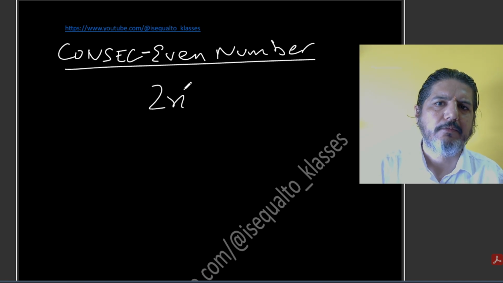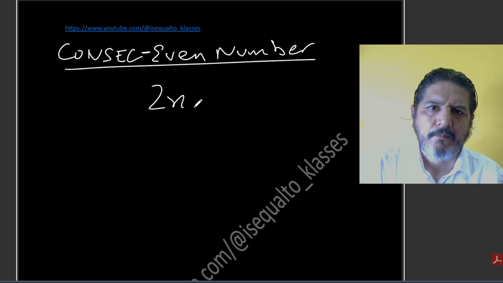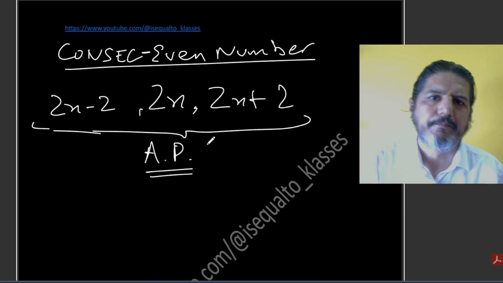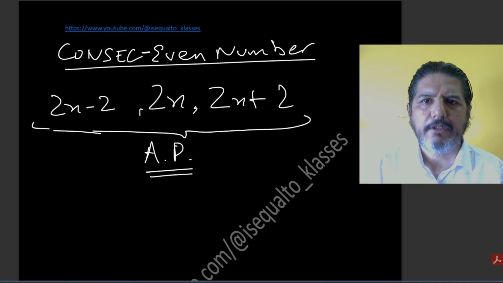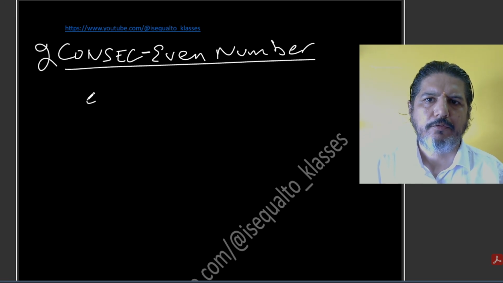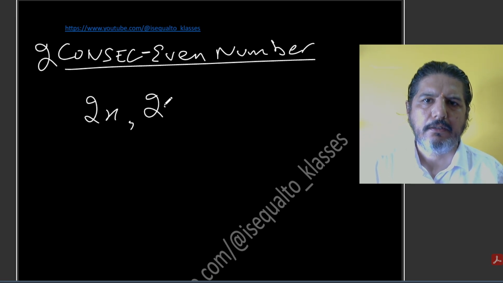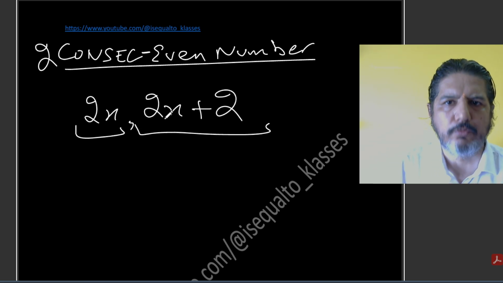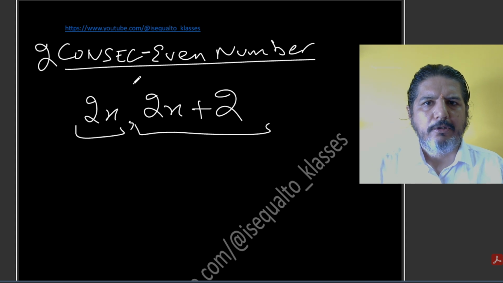If they are asking for 3 consecutive even numbers, then you can have numbers like 2x, 2x plus 2, 2x minus 2. This is especially useful in arithmetic progression, the next chapter. You can ignore this for now, but for solving this question, when they are asking for 2 consecutive even numbers, I'll assume 2x and the other consecutive even number would be 2x plus 2. I hope you are able to understand this.